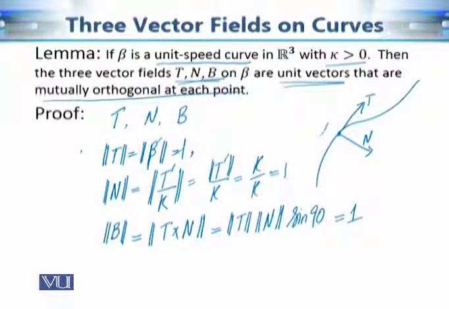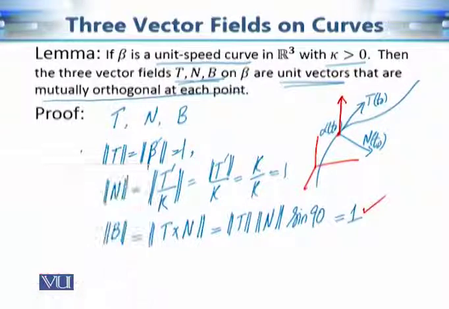Let's say this is the point alpha of t naught, so this is T of t naught and this is N of t naught. These are two particular vectors in R3 because it's a curve in R3. Let me sketch the axes. So this is a curve in R3, and at this particular point we can use our usual definition of the cross product and actually calculate this.